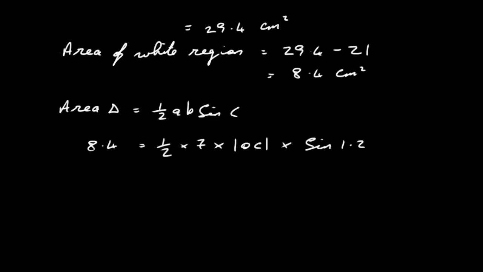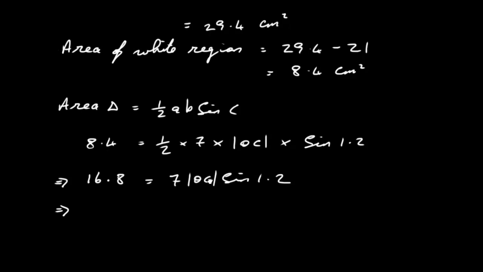Okay, so next thing we can do is just get OC on its own here. So we'll multiply across by 2 first. So that's 16.8 here, and then on this side we've got 7 times OC times sine 1.2.